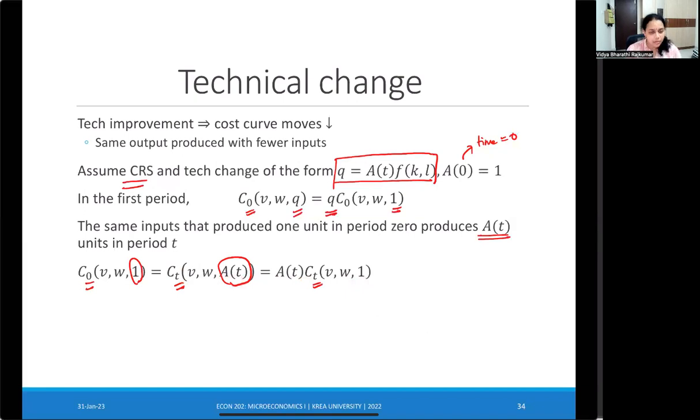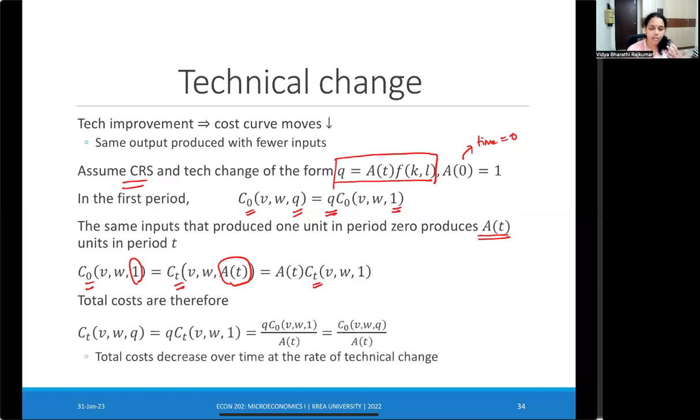Now, once you write down things in this manner, we could write down the total cost function here. So if I'm interested in producing Q units of output in time period t, it's just going to be Q times the cost of producing 1 unit of output in this same time period t.